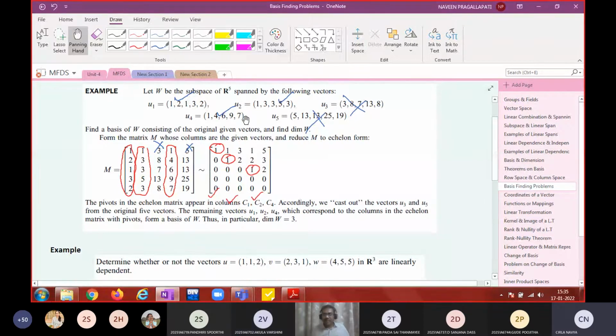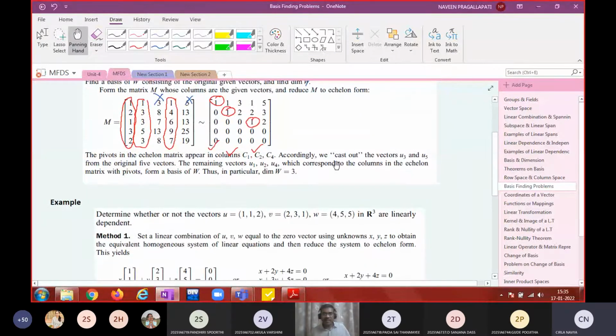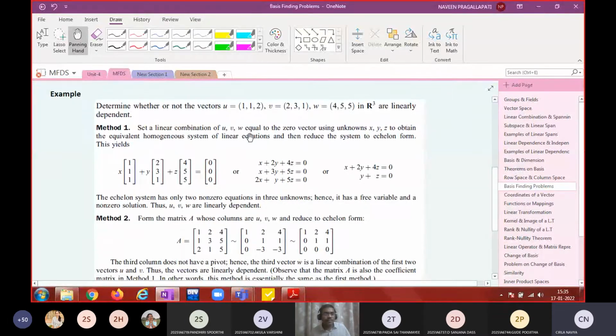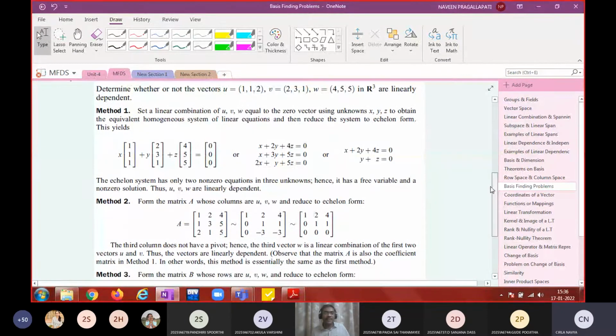Right. So I'll just discuss one more concept, and I think from linear transformations I will start in the next class. Let us see it as a revision class. If you are asked to determine whether the given set of vectors are linearly dependent or not, there are different methods.